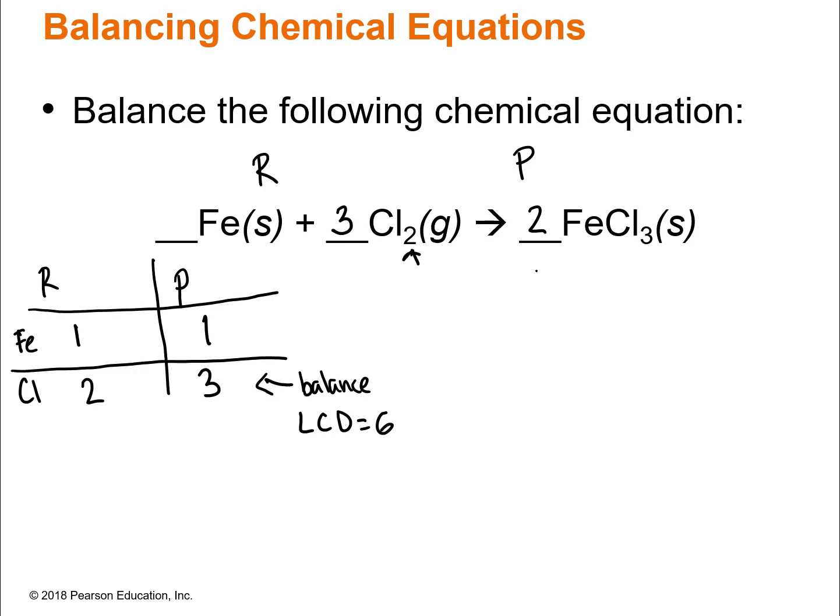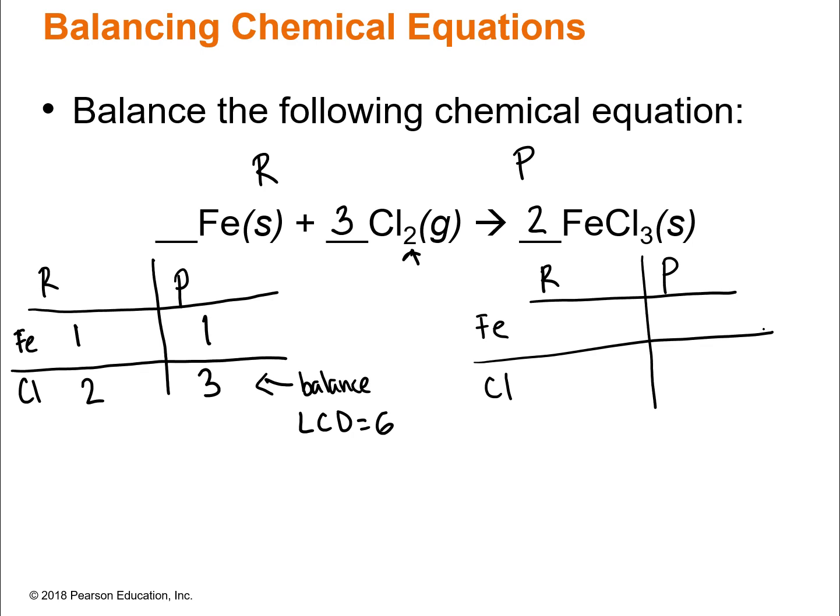Now I'm going to check again, see where we're at. I've still got 1 iron on my reactant side. Now I've got 3 times 2, which is equal to 6 chlorine atoms. On the product side, I've got 2 iron atoms because of that multiplier, and I've got 2 times 3 chlorine atoms, which is 6.